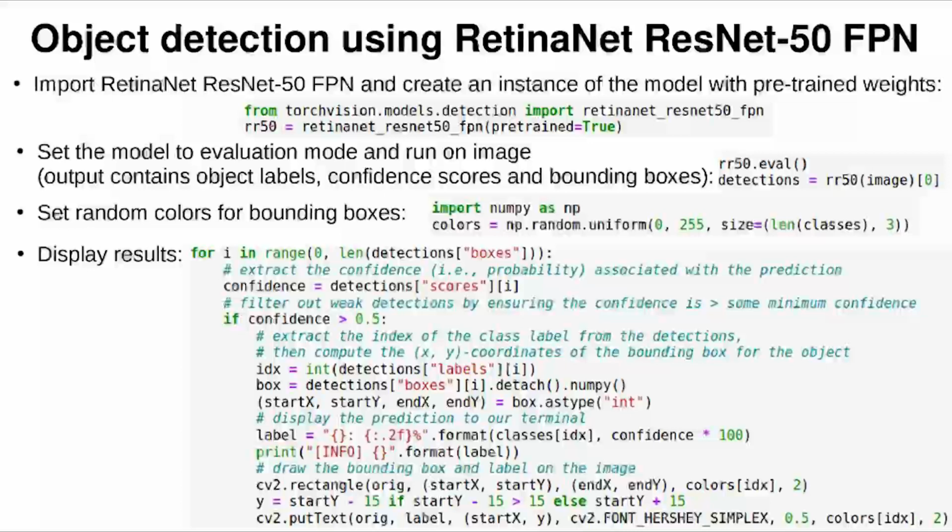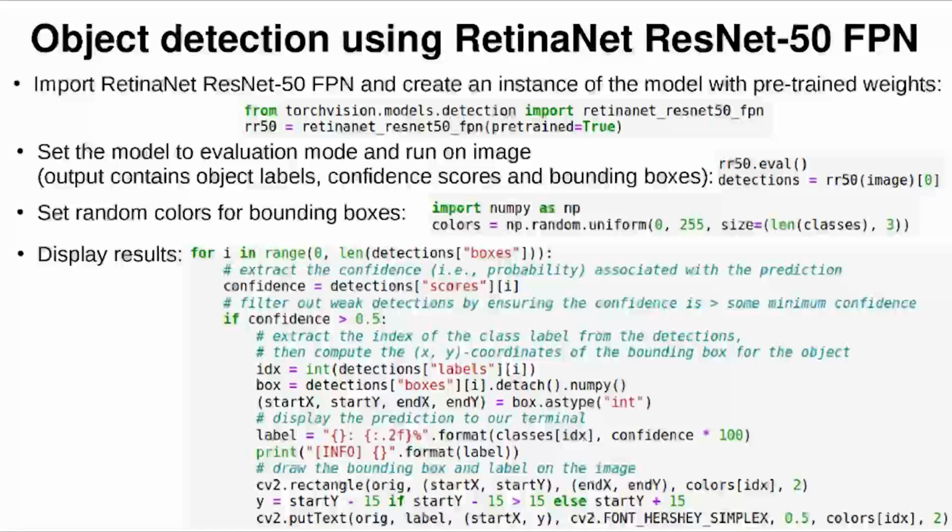The model can be imported from torchvision.models.detection. It is initialized the same way as AlexNet and ResNet 50 by creating an instance of the model class and specifying that we want to use pre-trained weights by setting the pre-trained parameter to true.